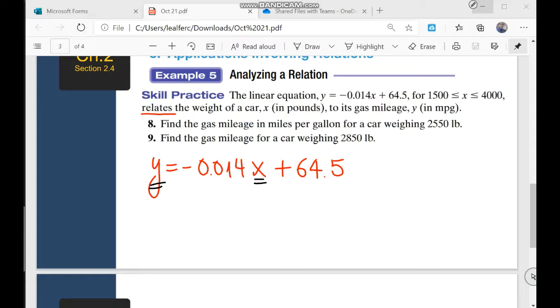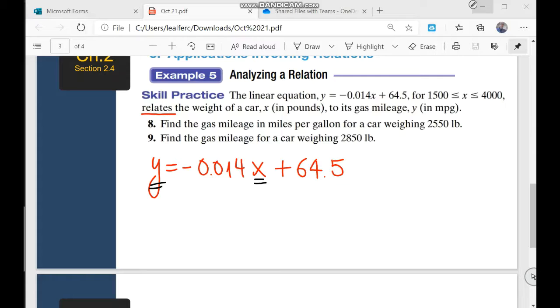So we understand that there's a relationship with the weight. If the car is too heavy, this is going to affect the mileage, how many miles the car can run with 1 gallon of gas.